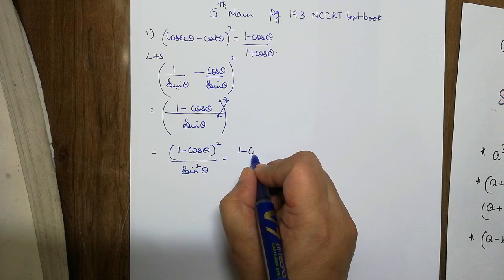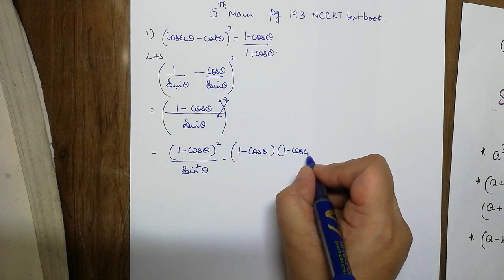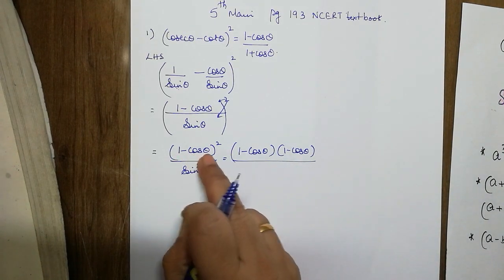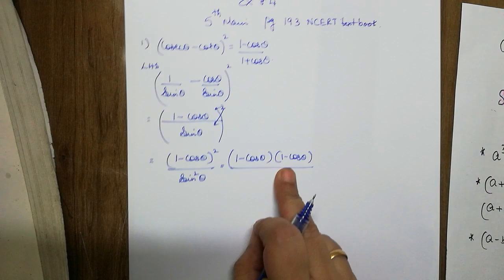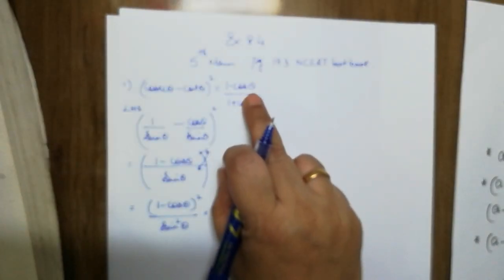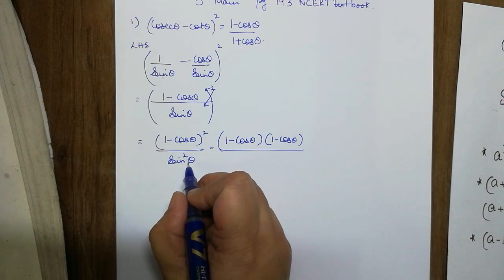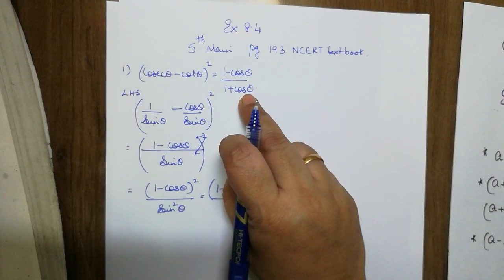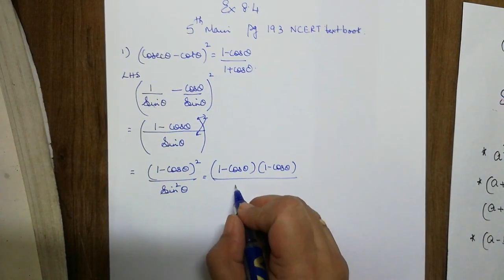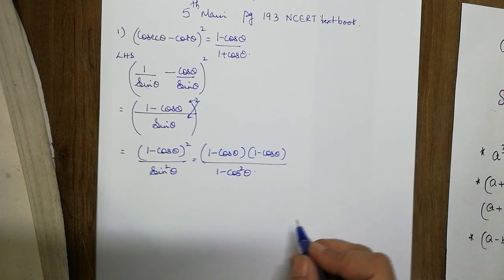Now here I have split 1 minus cos theta whole square as 1 minus cos theta into 1 minus cos theta, a minus b whole square as a minus b, a minus b. Why? Look at the question, it is 1 minus cos theta what we require. So this is sin square theta, and we don't need sin in the question, so we will substitute it as 1 minus cos square theta, the identity part.